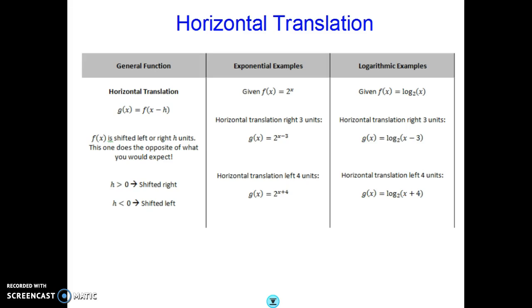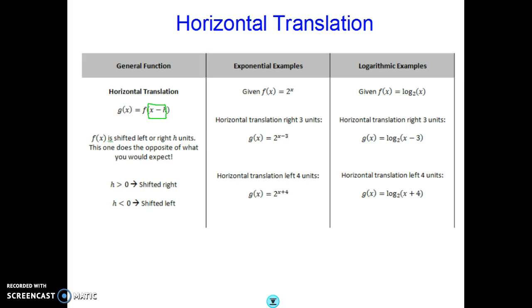Well, what's really happening here is for a horizontal translation to happen, whatever your original f of x was, you have to go ahead and everywhere you used to see x, replace it with x plus or minus some value.